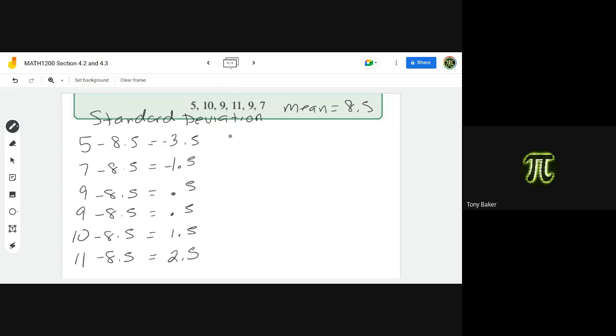So we get 12.25, 0.25, 0.25, 0.25, 2.25, and 6.25.